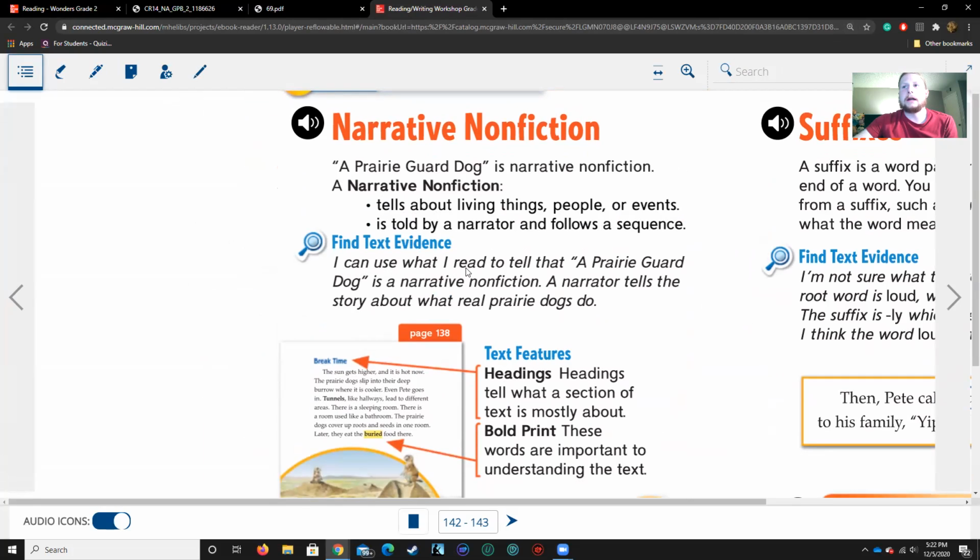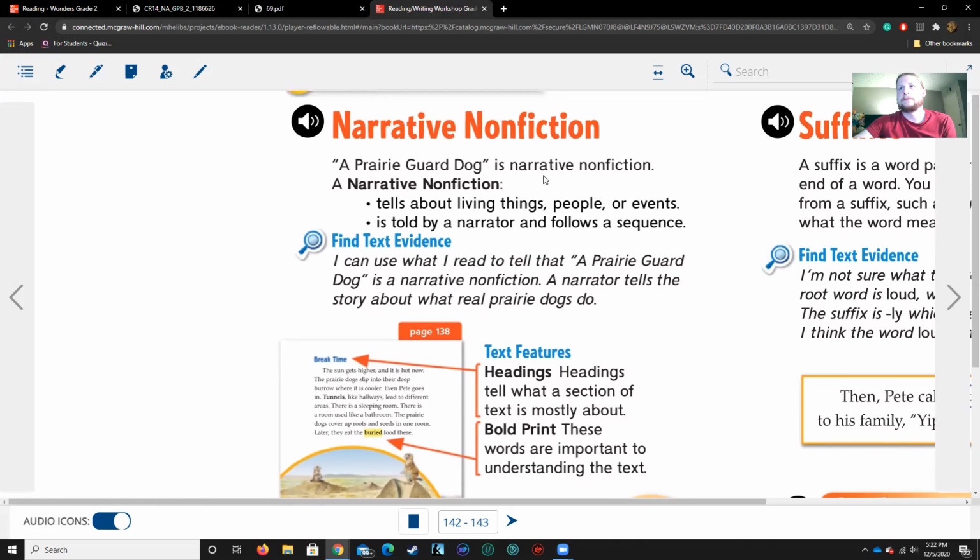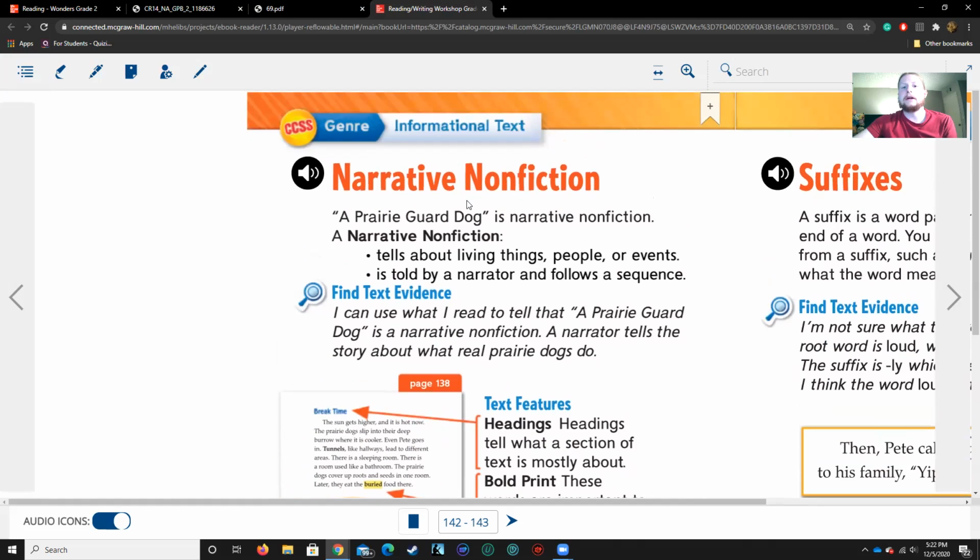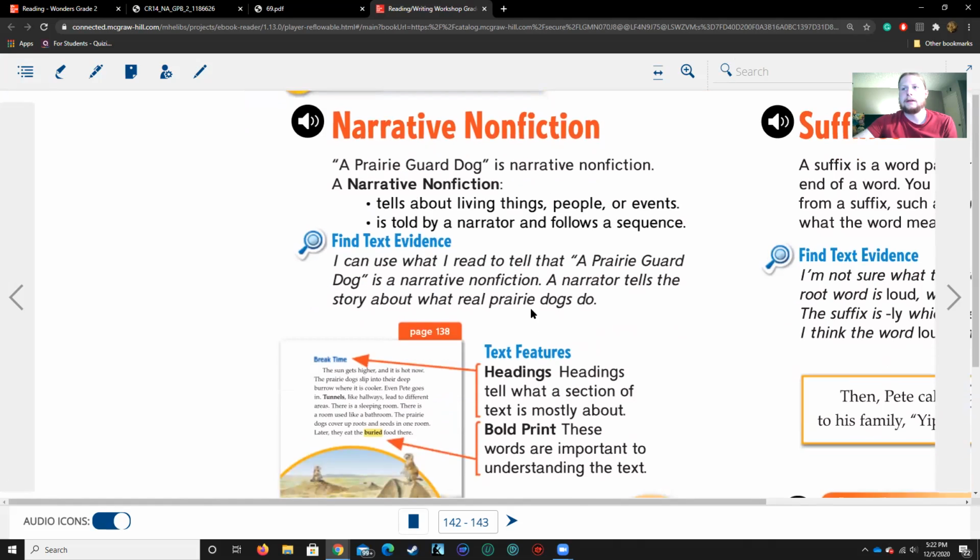So I can use what I read to tell that a prairie guard dog is narrative nonfiction. Our narrator tells a story about what real prairie dogs do. The nonfiction part means it's true, and the narrative means somebody is telling us the story. So the narrator tells us the story about what real prairie dogs do.